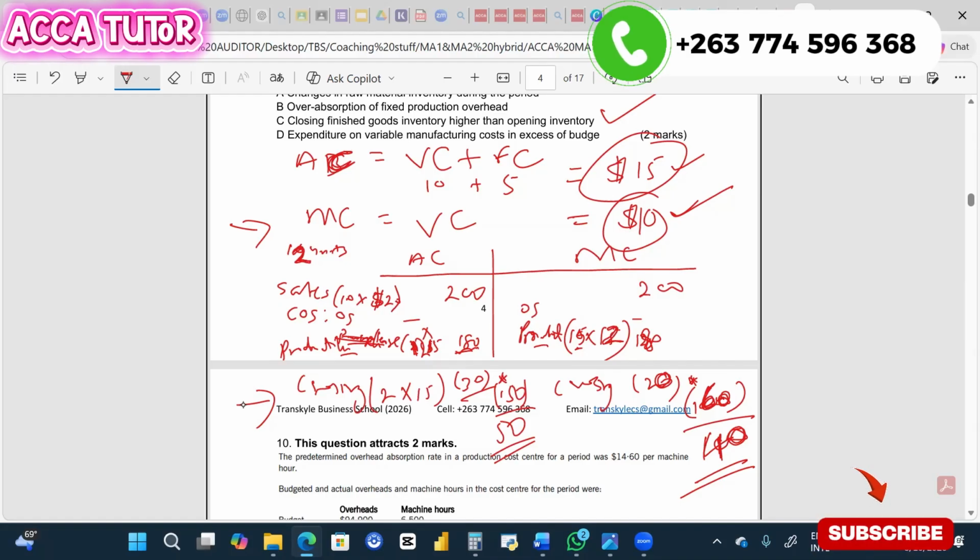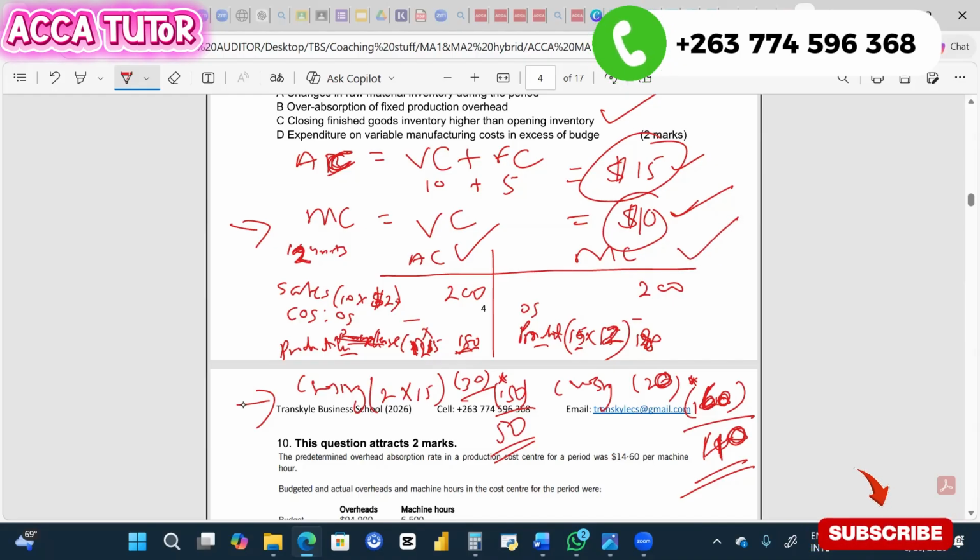except closing stock, we can see that if we are having more closing stock under the absorption costing technique, we're going to have more profit as compared to the marginal costing technique.